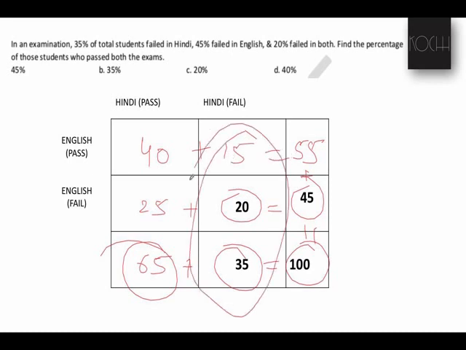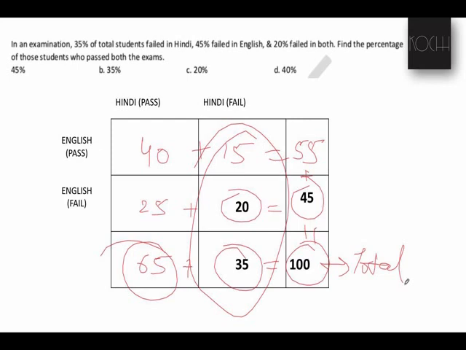Okay, so please again have a look at this. So I really like this method because I don't like Venn diagrams at all. So A union B and all, I don't follow it. So I wrote total as 100. Now this is my total. The other part said the students who failed in Hindi.